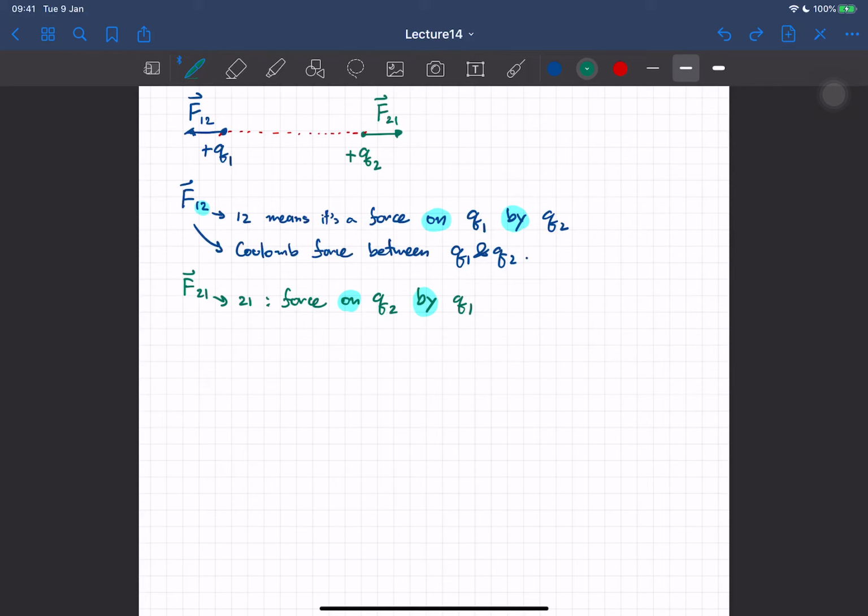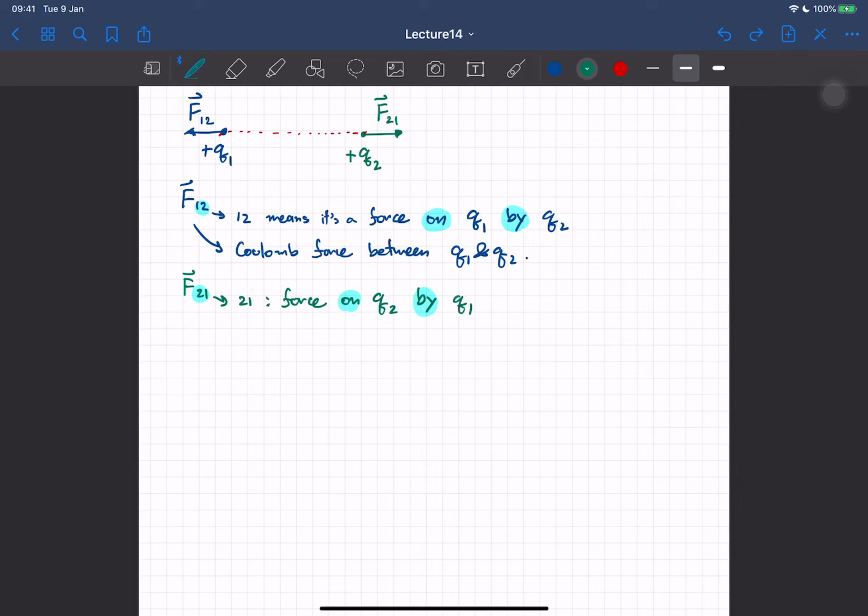So you might be thinking, why am I so pedantic at this point? Because it's going to be a lot more confusing when you have multiple charges. So I want to be as clear as possible at this point that when you write down the force, you have to make sure that it's the force on the object that it is supposed to be. F21 must be acting on Q2 only.